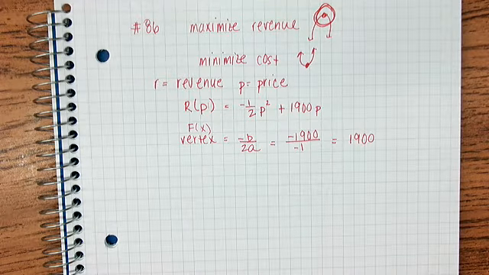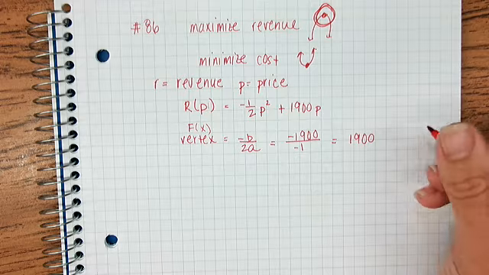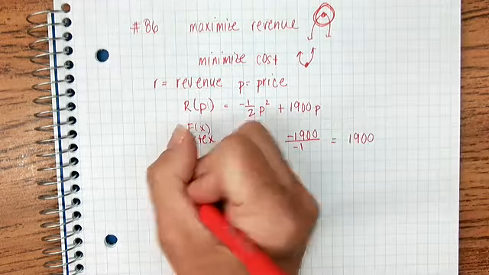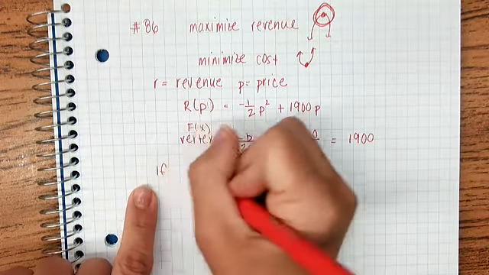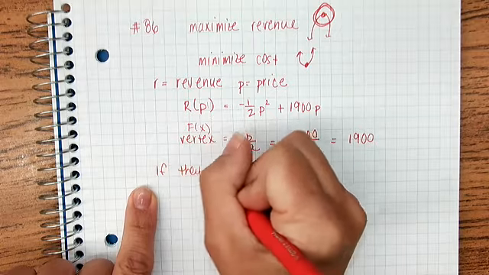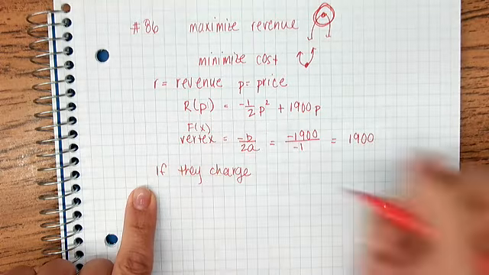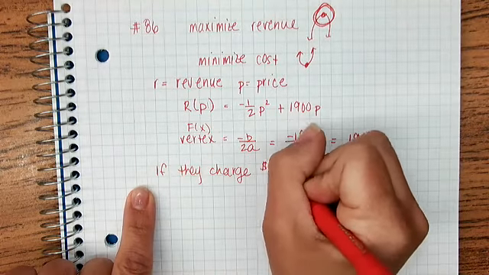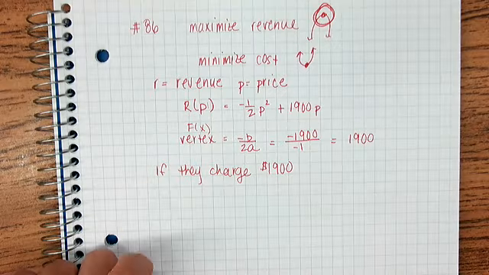Problem done. Oh, not totally. What is the maximum revenue? So if they charge $1,900, is it a lawnmower? A riding mower.